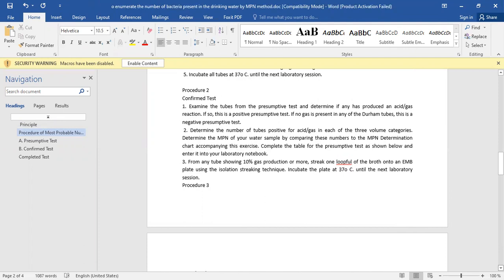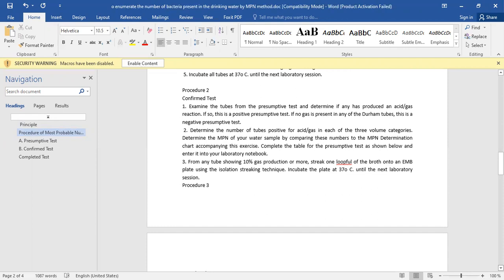Determine the number of tubes positive for acid and gas in each of the three volume categories. Determine the MPN of your water sample by comparing these numbers to the MPN chart accompanying this exercise. Complete the table for the presumptive test as shown below and enter it into your book.